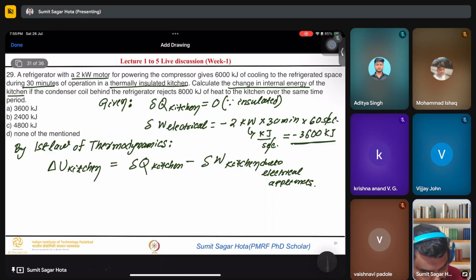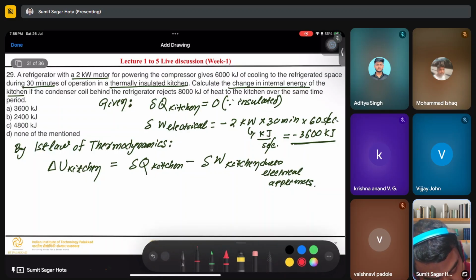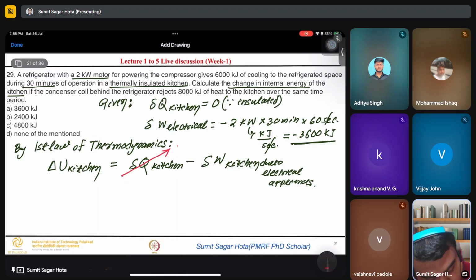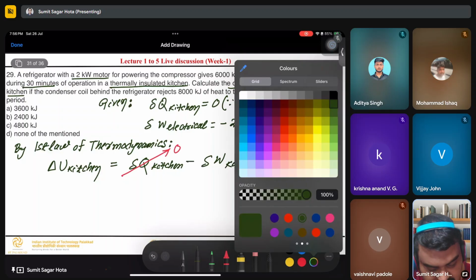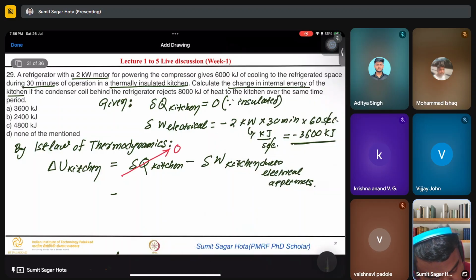Because it's an insulated system, your delta Q will be 0. It should be noted that if there is a negative sign, just put the negative sign; don't ignore it. If there is one on the system, don't think that one negative sign is already there and so not put it again. That's wrong.